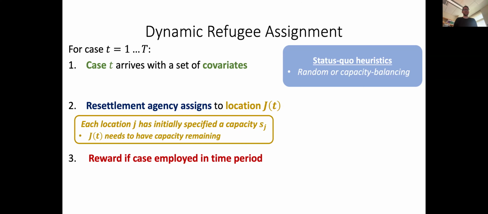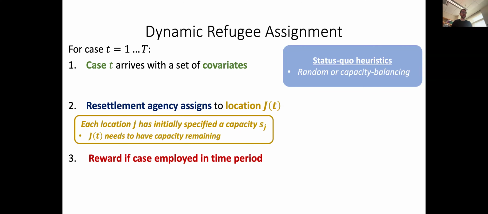The resettlement agency, however, can choose a location, we will denote it J of T, for the case, with the caveat that each location has a pre-specified capacity, S_j. So there might be one location that is really great, but you cannot send everybody to this one location.